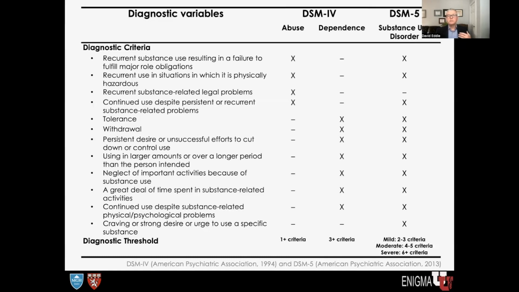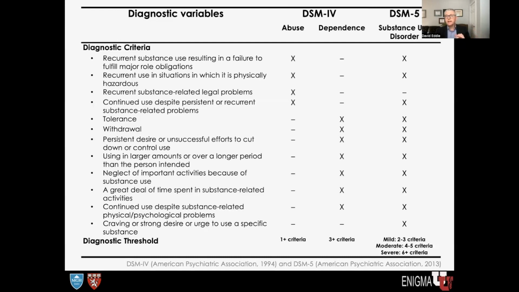These were people identifying as racial minorities, people of lower socioeconomic status, were much more likely to experience legal problems as a result of their substance use than their more affluent or white peers. So there were clear problems with that diagnostic feature, so they got rid of it.